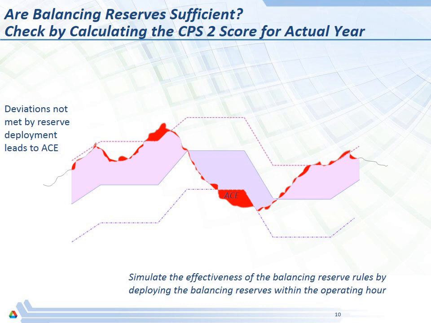And in some cases, you're not able to capture all of the deviations from the hour ahead schedule through the deployment of balancing reserves. This difference between your deviations and what you're able to deploy ends up with what's called the area control error, or the ACE. When you have ACE, that means that you're not able to necessarily keep up with the deviations that you're experiencing through the deployment of balancing reserves.